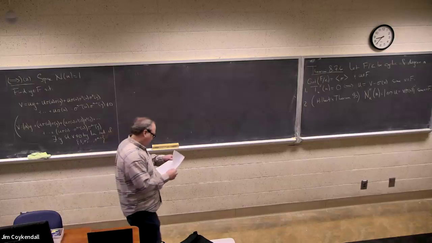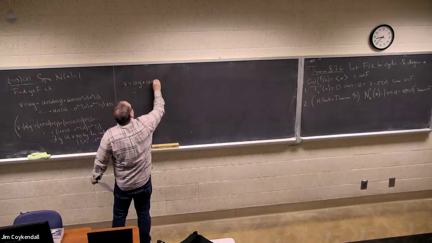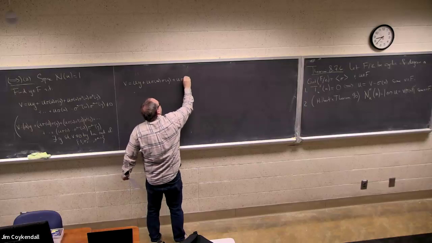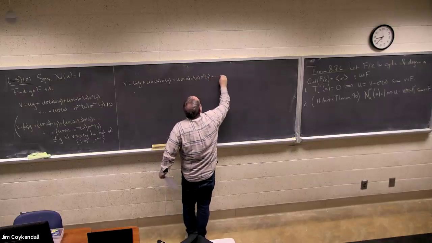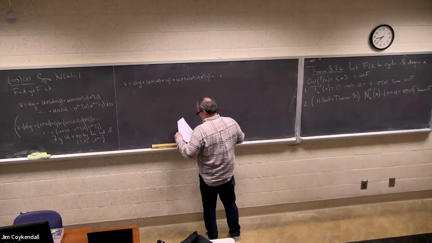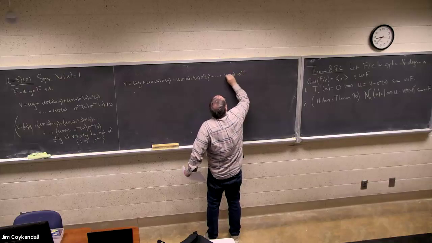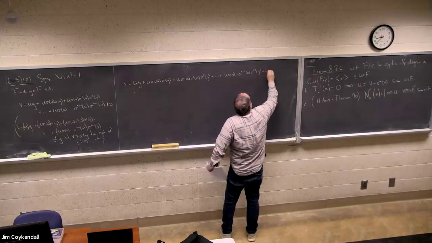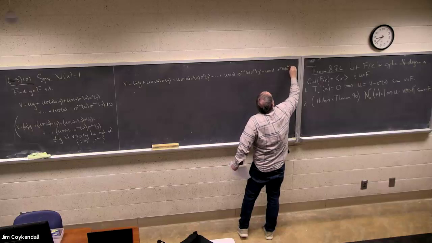So notice here, u sigma u through sigma n minus two u, sigma n minus two y, plus u sigma u through sigma n minus one u, sigma n minus one y.